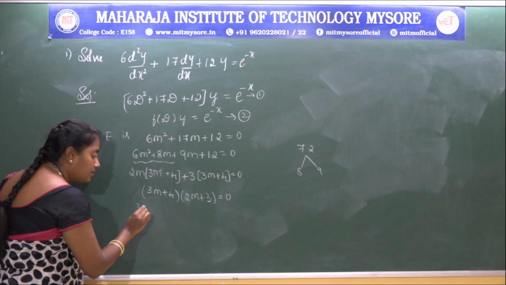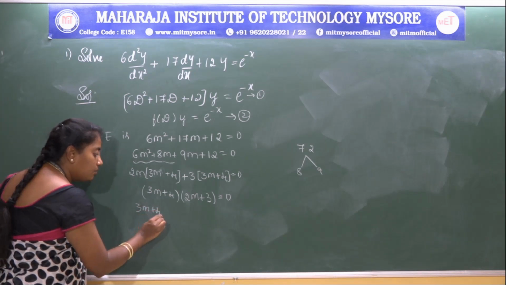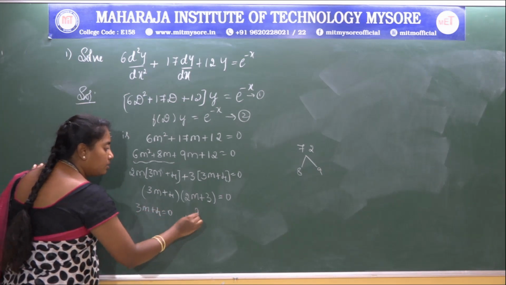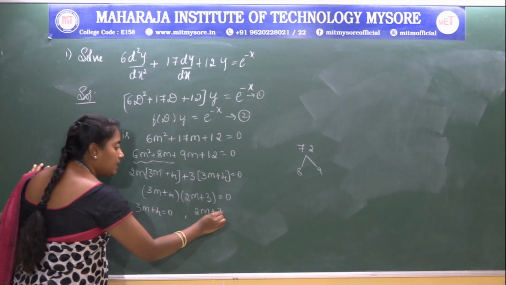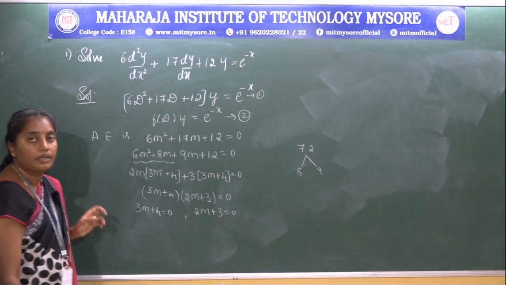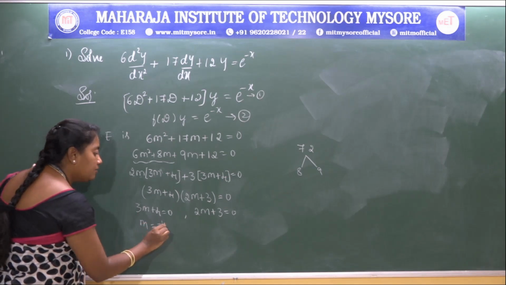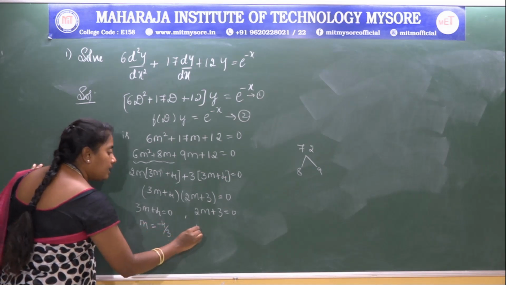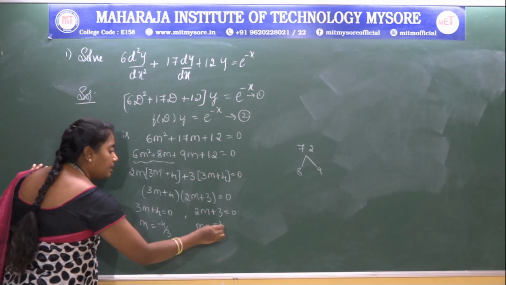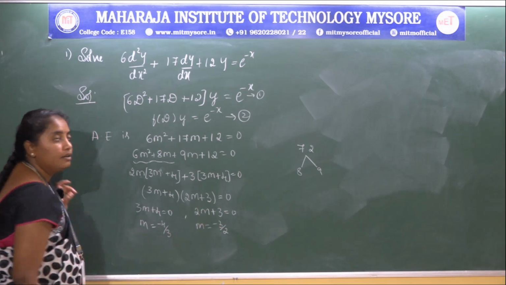Then equating to 0, 3m plus 4 equal to 0 and 2m plus 3 equal to 0. Then m is equal to minus 4 by 3 and m is equal to minus 3 by 2.